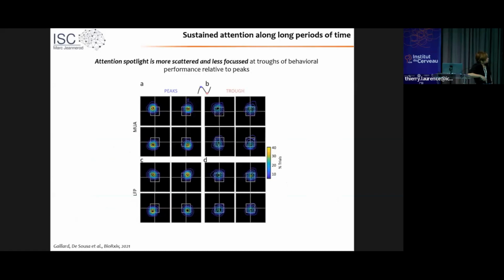These epochs of high and low attentional exploration actually correlate with either phases of spatially precise orientation of attention, or phases of more lousy orientation of attention, as a function of the task instruction.